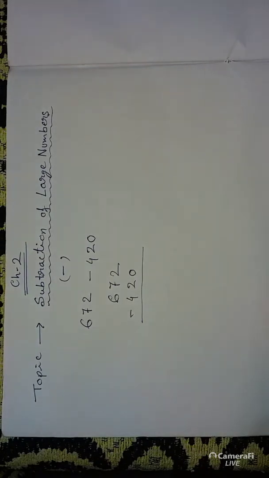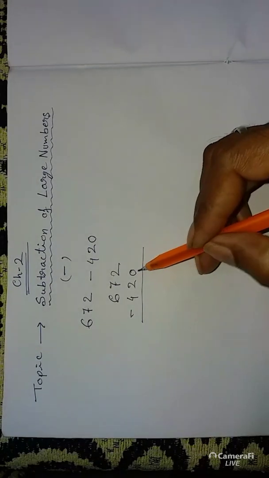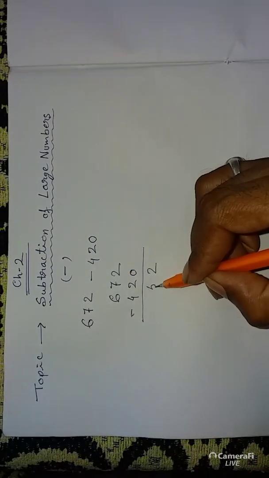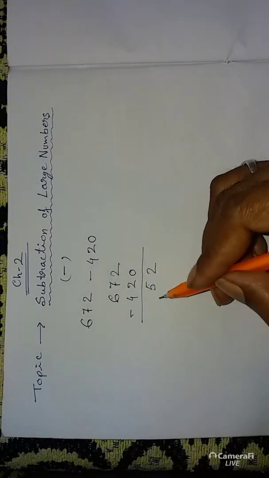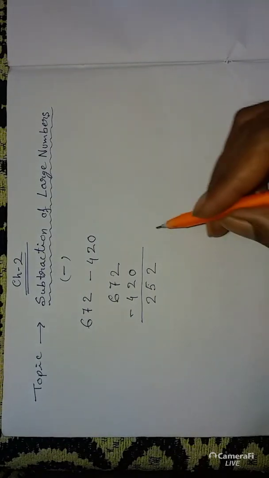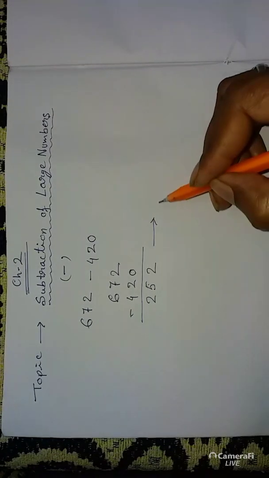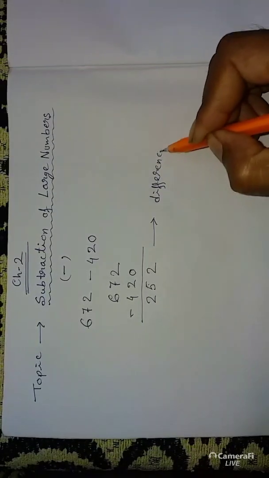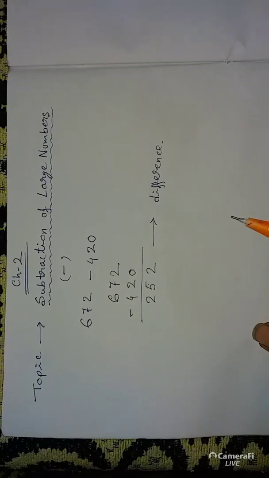Now let us perform the work. Here 2 minus 0 is 2, 7 minus 2 is 5, 6 minus 4 is 2. So the result that we obtain is called the difference.